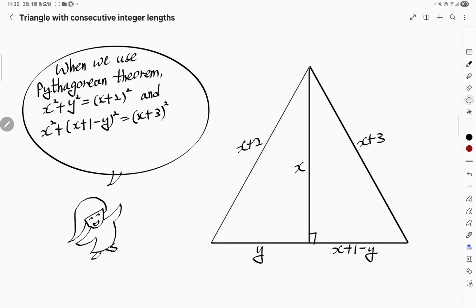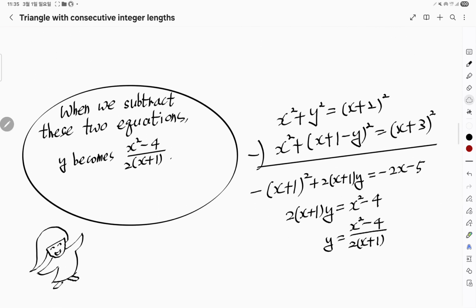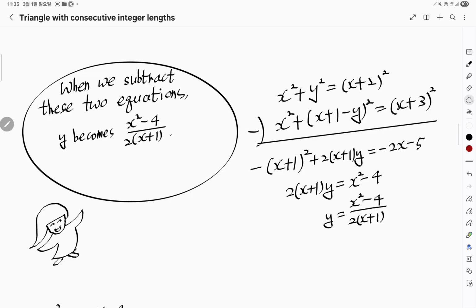When we use the Pythagorean theorem, x squared plus y squared is (x plus 2) squared, and x squared plus (x plus 1 minus y) squared is (x plus 3) squared. When we subtract these two equations, y becomes (x squared minus 4) divided by 2 times (x plus 1).